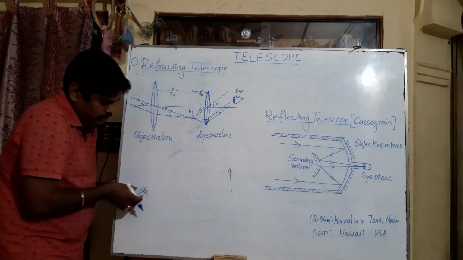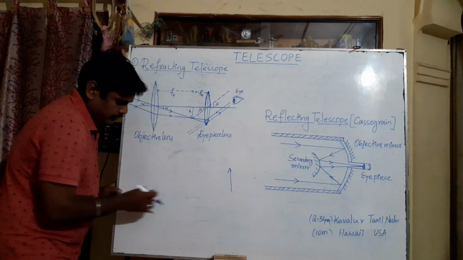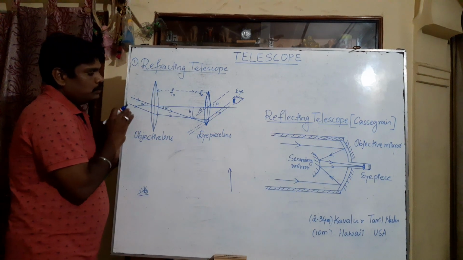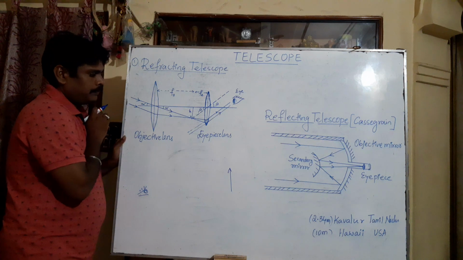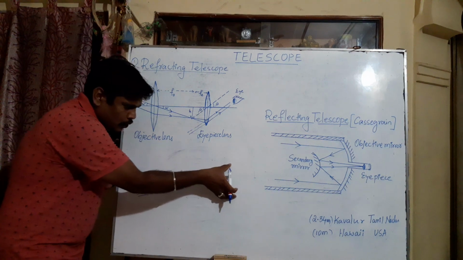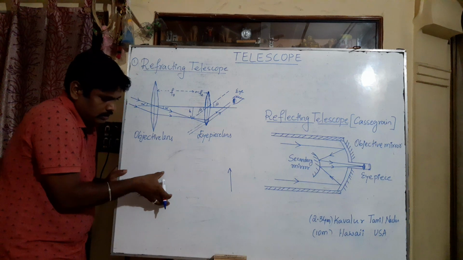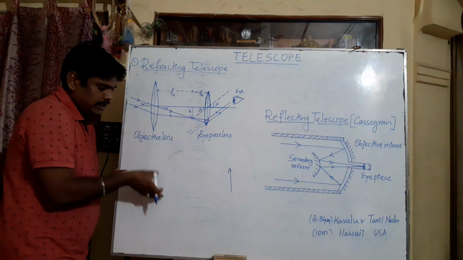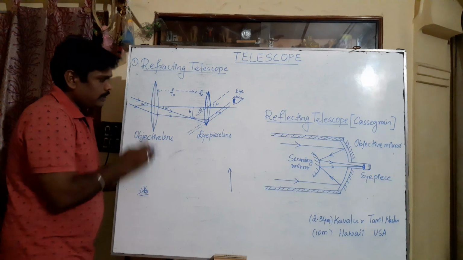If the observer moves away from the object, the size appears small. The same phenomenon is used in the telescope also. If I bring this object closer to the observer, then the size appears to be magnified, or larger in size.